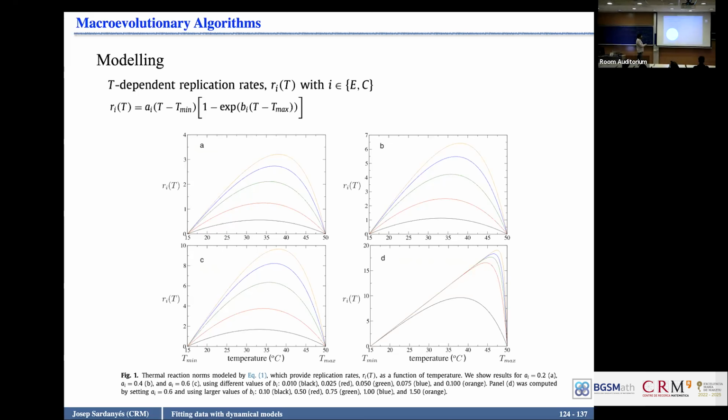There is an increase with temperature up to a maximum, for bacteria for example it's 37 degrees, and then a decrease.